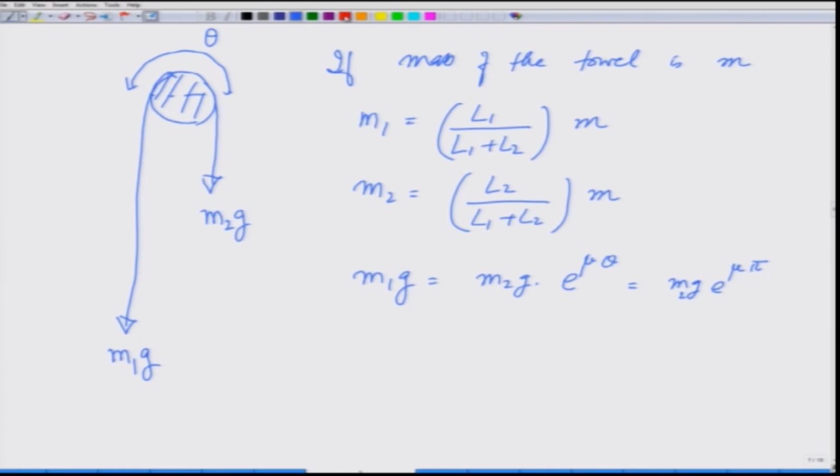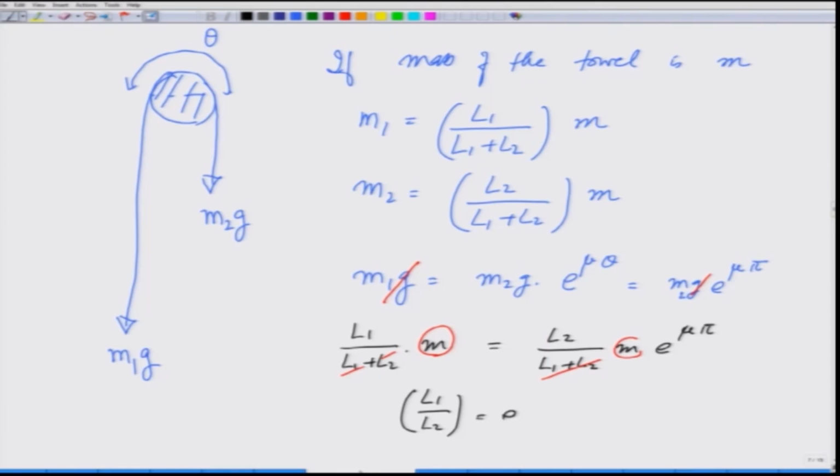Now, we can cancel G and we have M1, which is L1 over (L1 plus L2) times M, equal to L2 over (L1 plus L2) times M e raised to mu pi, and this immediately implies, because this term cancels, so does M. The answer comes out to be L1 over L2 is equal to e raised to mu pi.